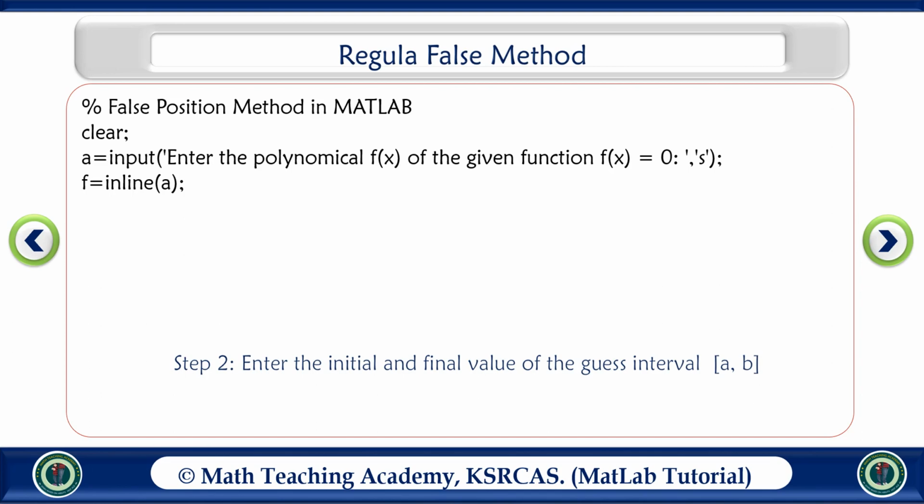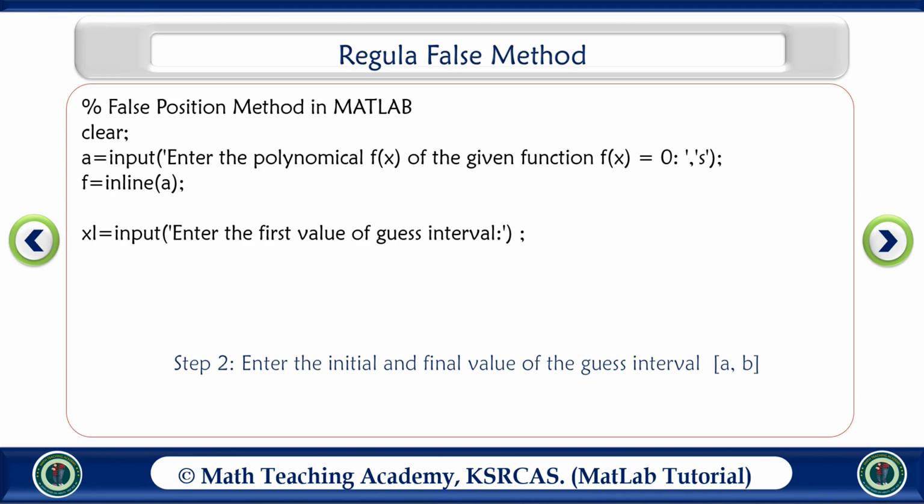Now step 2, enter the initial and the final value of the guess interval a comma b. This is achieved by the command xl is equal to input, enter the first value of the guess interval. This command displays the text on the screen, and waits for the user to enter the value.